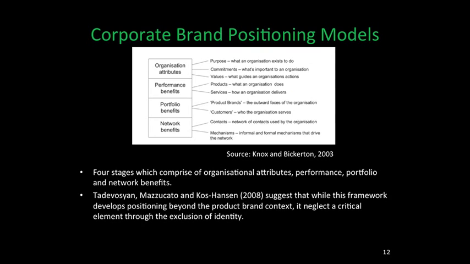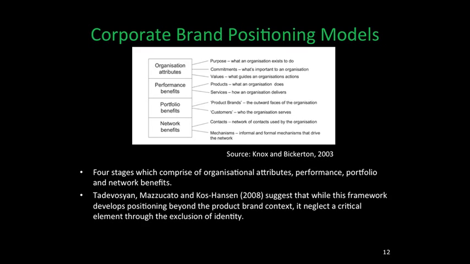In terms of corporate brand positioning, Knox and Bickerton in 2003 suggest this model here, which is very much developed from the perspective of corporate branding. It was part of a pilot study which identified four stages that comprise the organisational attributes, the performance, the portfolio, and the network benefits. This model highlights the added complexity of positioning within the corporate brand context.